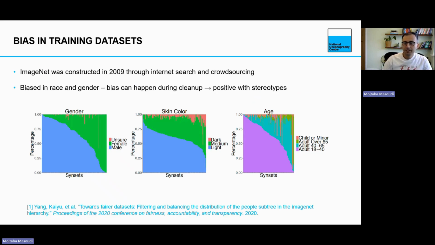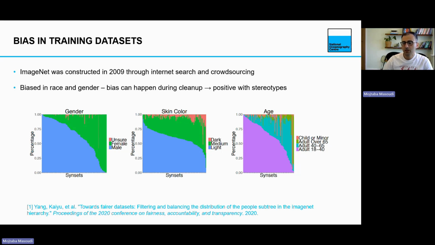Another thing in this paper was interesting for me because the authors introduced that bias can also happen regardless of the label. For example, they looked at the ImageNet dataset, which is a very famous dataset constructed in 2009 through internet search and crowdsourcing, and they realized that bias can happen in gender, skin color, and age.